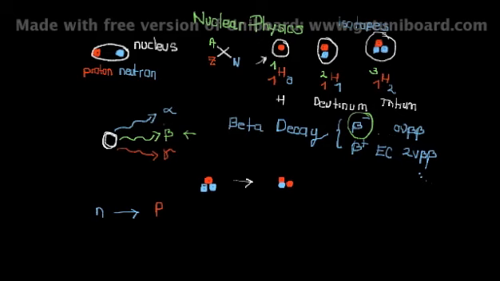But the mass of a neutron is always greater than the mass of a proton. The mass of a neutron is more massive.